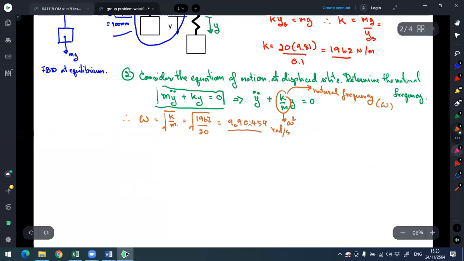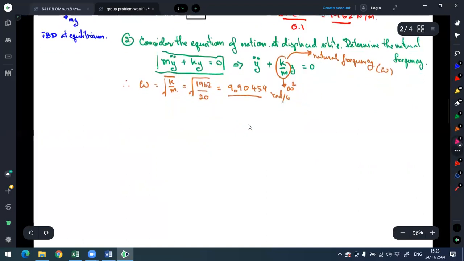Then we move to the third step. In the third step, we consider the general solution of the equation of motion.